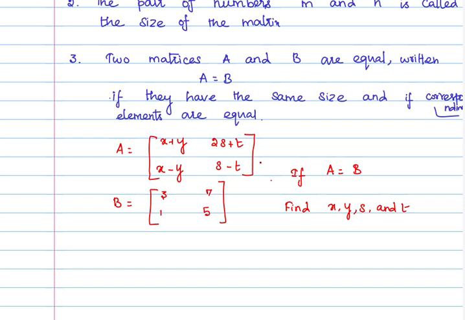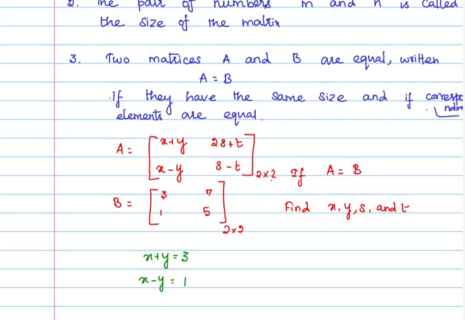Matrix A is 2 by 2 and matrix B is also 2 by 2, so they have the same size. Then the corresponding elements must be equal, which means x plus y equals 3 and x minus y equals 1.